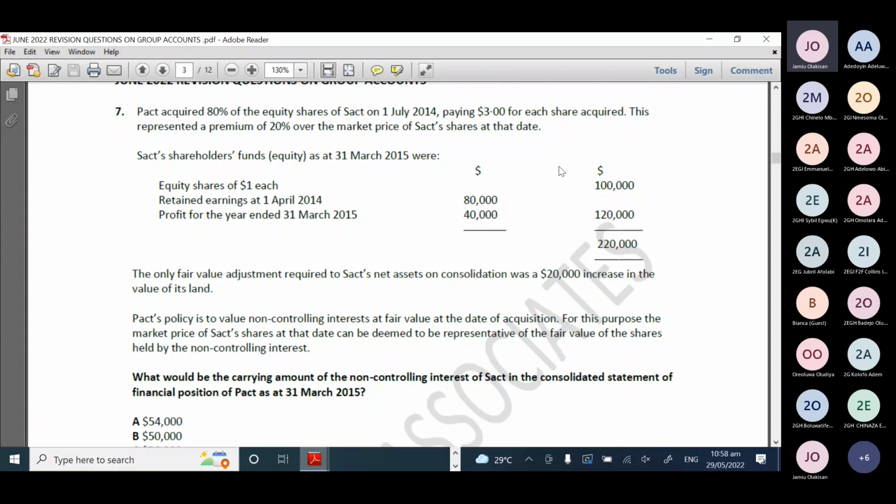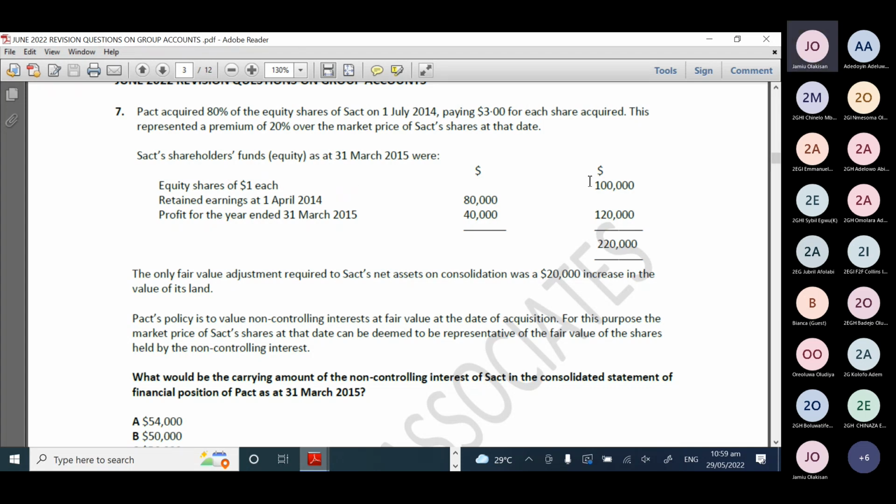That means the share capital at the end will be deemed to be the share capital at the beginning. Remember, for group accounts, share capital of the subsidiary at acquisition day will always remain the same as share capital at the end of the year. It won't change. You won't see an instance where it changes.